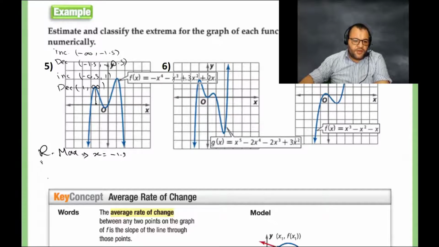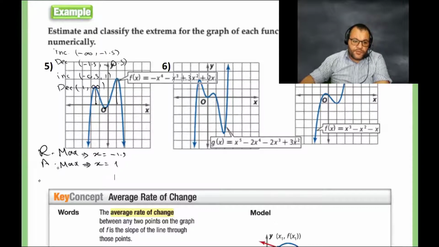And we have an absolute maximum at x equals 1.